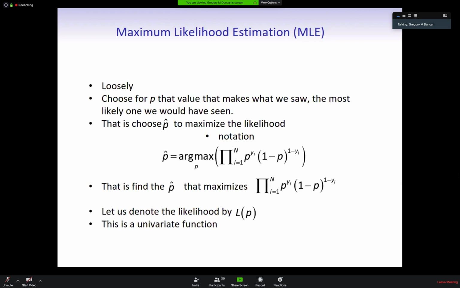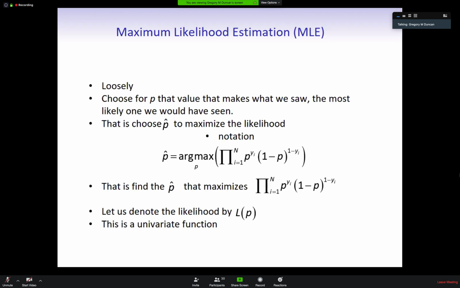So how do we find this maximum? We're going to do it for this case, but I'll mention that by and large, this case and the regression are the only cases where you can come up with closed forms. For most things, we're going to have to do what's called numerical optimization, and that's going to be next time's lecture.